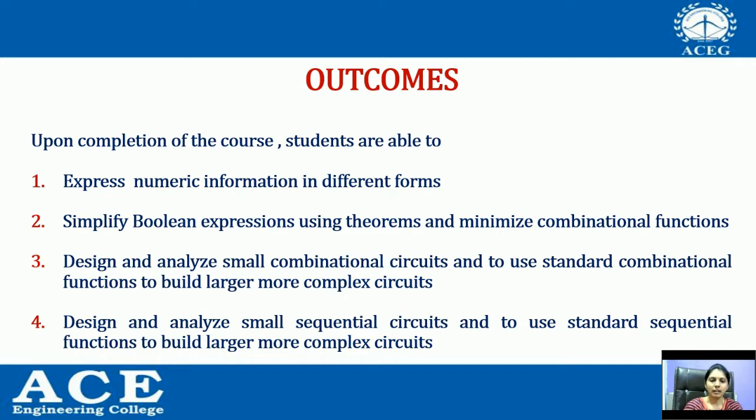Second outcome is to simplify Boolean expressions using theorems and minimize combinational functions. Upon completion of second unit, you will be simplifying Boolean expressions using different theorems and also minimizing combinational functions.